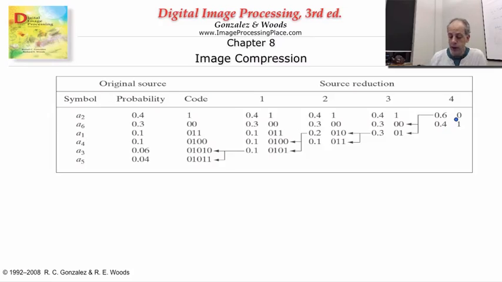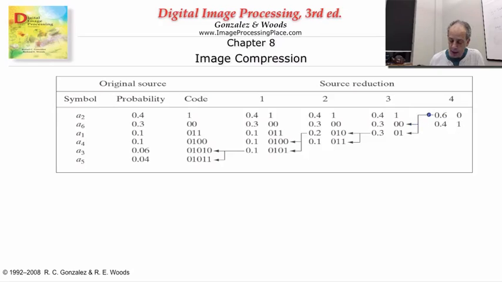Before we go backwards, let me tell you what's happening. When the decoder sees a 0, it's going to know that it's from the group that led to this 0.6. When it sees a 1, it's going to know that it's from the group that led to this 0.4. Then we have to keep adding bits to say which one in that group. And that's why we keep going backwards.